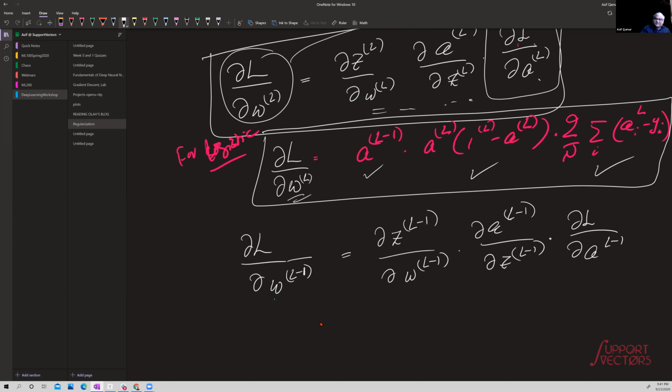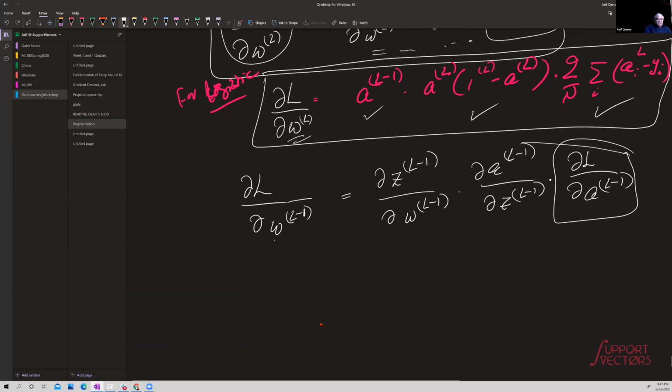The same thing applies. There's nothing special with L, except that you need to know dL/dA of L minus 1. So in the last layer, it was easy. We could use this formula for the loss. But what about any layer before that? Here, we need to find this out. It turns out that we also have a chain rule that you can do, and you can argue as follows. Suppose I know this for the last layer, dL/dA of L minus 1.